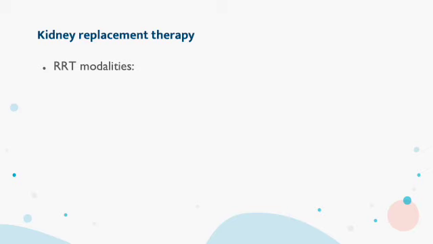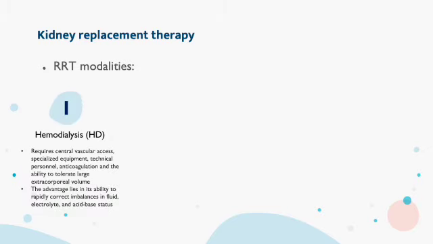Renal replacement modalities include hemodialysis, which requires central vascular access, specialized equipment, anticoagulation, and the ability to tolerate large extracorporeal volume. The advantage lies in its ability to rapidly correct imbalance in fluid, electrolyte, and acid-base status.